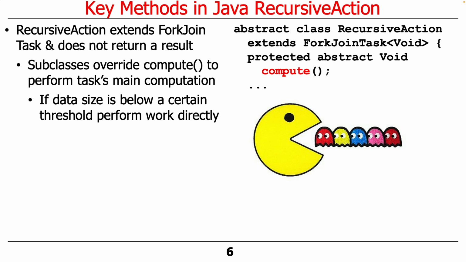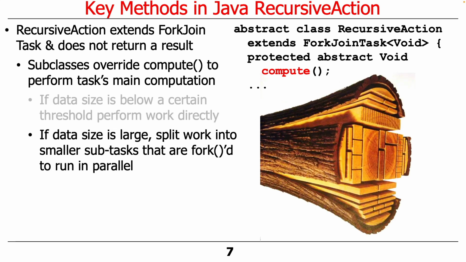If the data size for that particular instance of RecursiveAction falls below a certain threshold, then perform the work directly. At that point, you just do it sequentially without any extra work. However, if the data size is larger than whatever threshold you define, split the work up into smaller subtasks that are then forked to run in parallel.